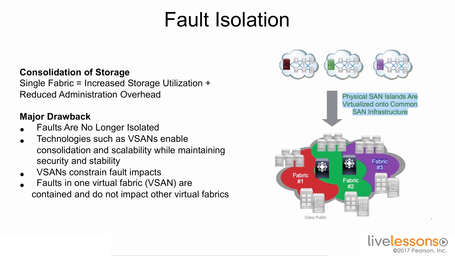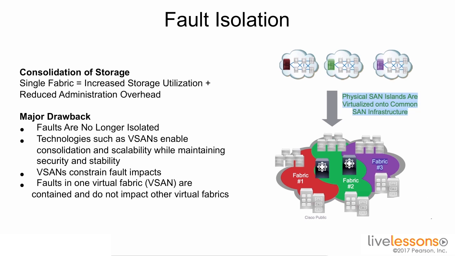If you were to take multiple SANs and move them onto a single fabric, your faults would no longer be isolated. There are technologies such as vSANs that enable consolidation and scalability while maintaining security and stability. But vSANs have constraints and fault impacts.